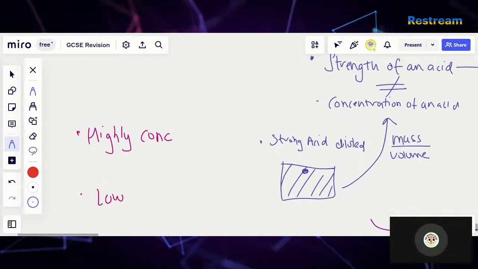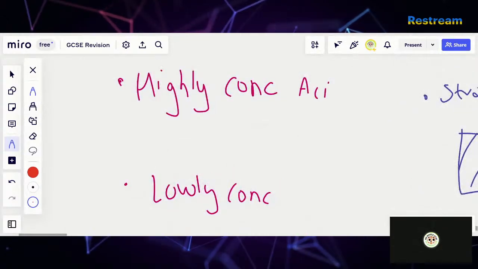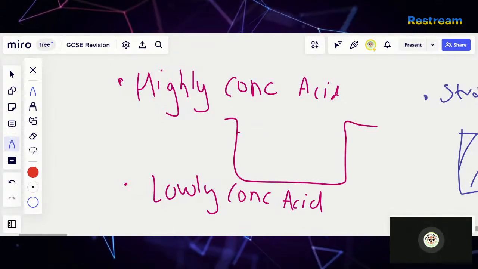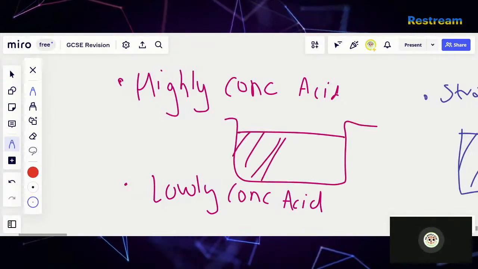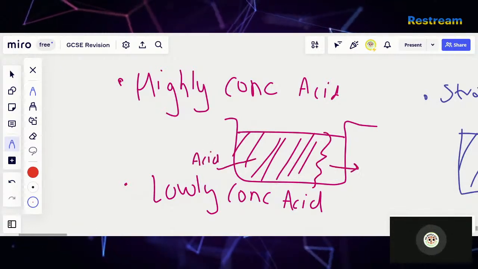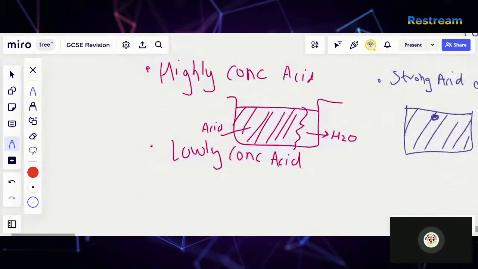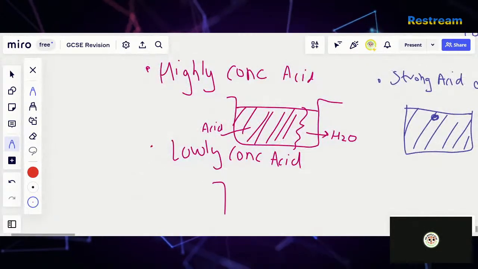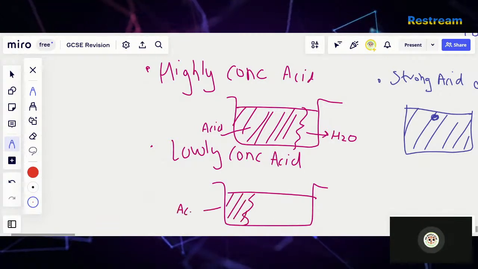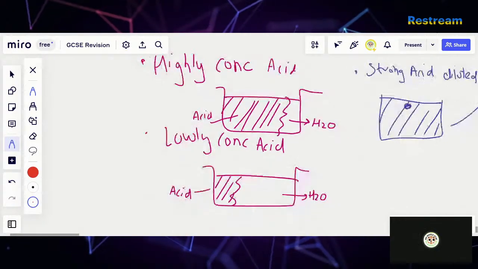So a highly concentrated acid just means that in a particular volume of, say, water, we have a lot of acid in comparison to the water. Whereas a low concentration of acid, also known as a dilute solution, has more water than acid, or more of the other substance than acid. So not much acid per volume.